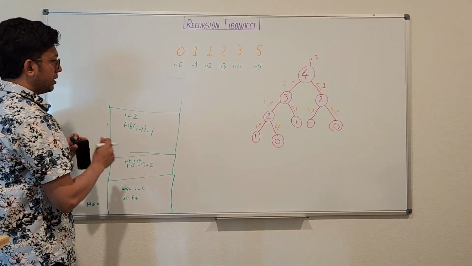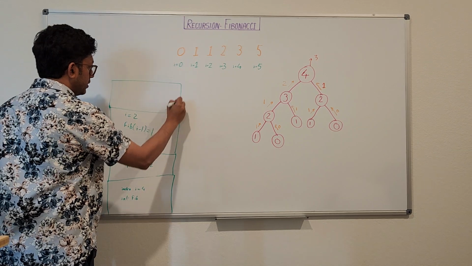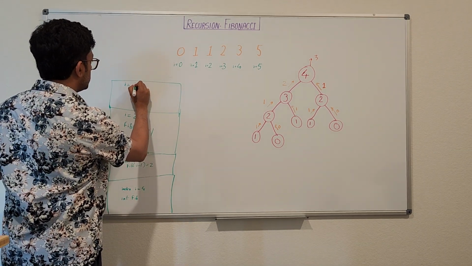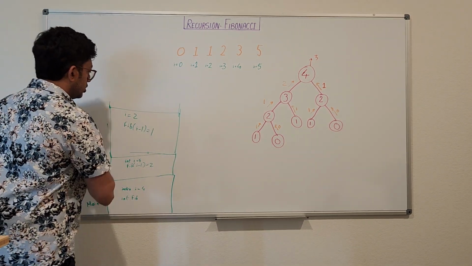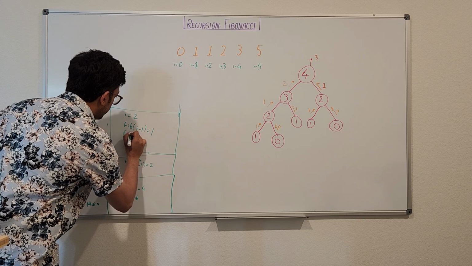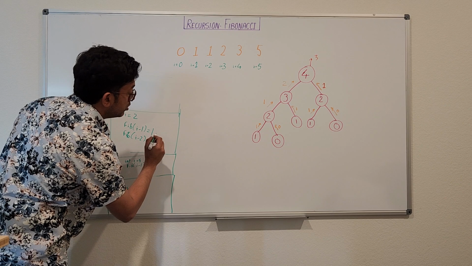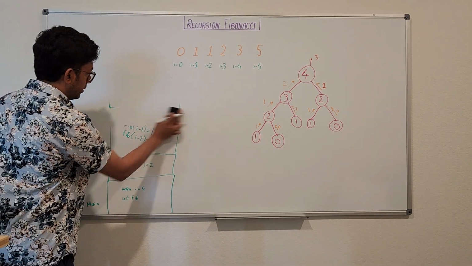Okay, but now it needs I minus 2, makes another method call, creates another stack frame, I equal to 0. Again, I equal to 0 will return 0. So this guy will know fib of I minus 2 equal to 0. Then it will add these two and return 1.